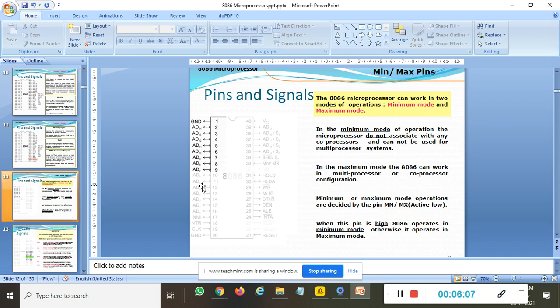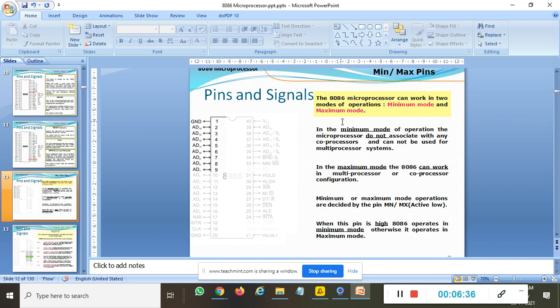Next is the minimum and maximum pin. Minimum and maximum pins. So the microprocessor can work in two modes of operation. One is minimum mode, another is maximum mode.